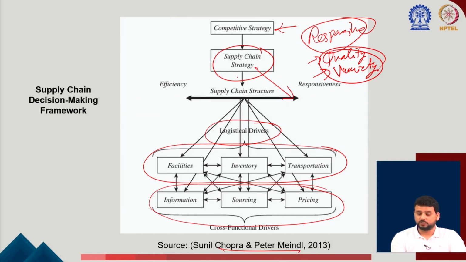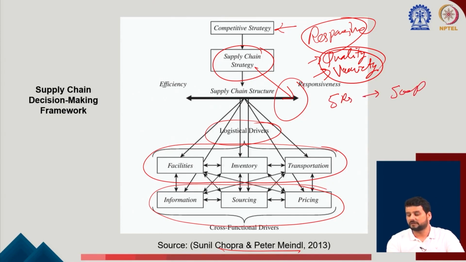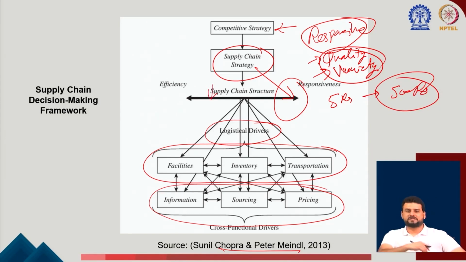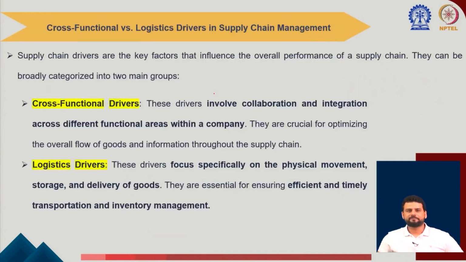But yes, you cannot be purely responsive and then sell maybe a 5 rupee item at 500 rupees. You cannot convince your customer of that, right? So then you have to be a little efficient. But we have some status class products as well, where you are just saying that we are responsive, we are the best. Those status products like BMW, Mercedes, Rolex, those kinds of players, they are not competing on cost, right?